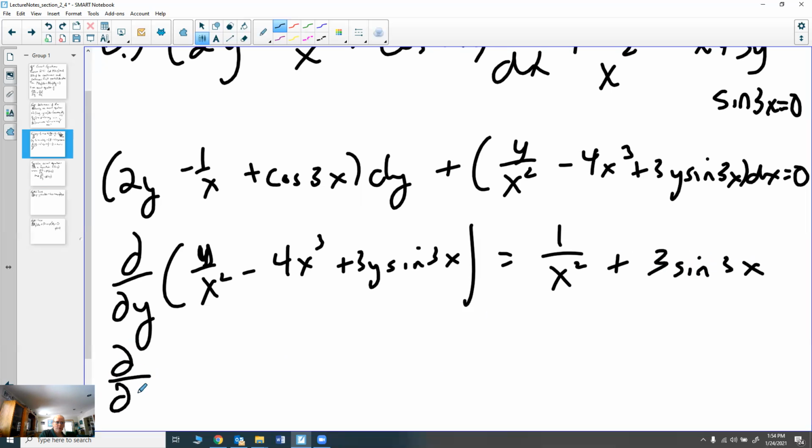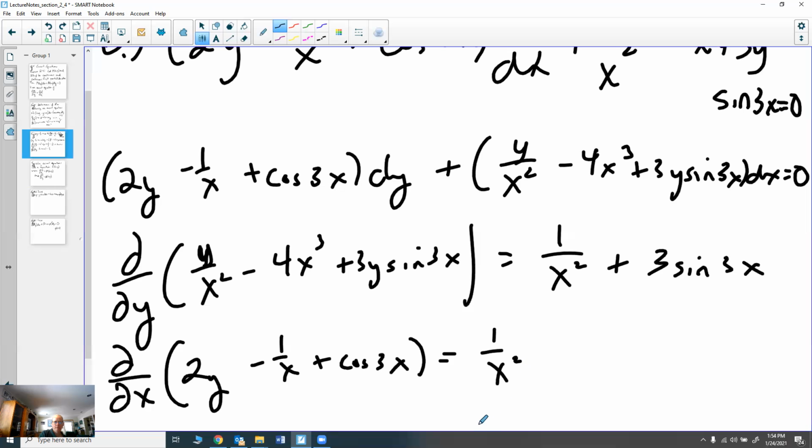Let's do the partial derivative with respect to x of your n, which is the one attached with the dy. So it'll be 2y minus 1 over x plus cosine of 3x. Again, x is my variable. 2y has no x in it, so it's a constant, so its derivative is 0. The derivative of minus 1 over x is 1 over x squared.